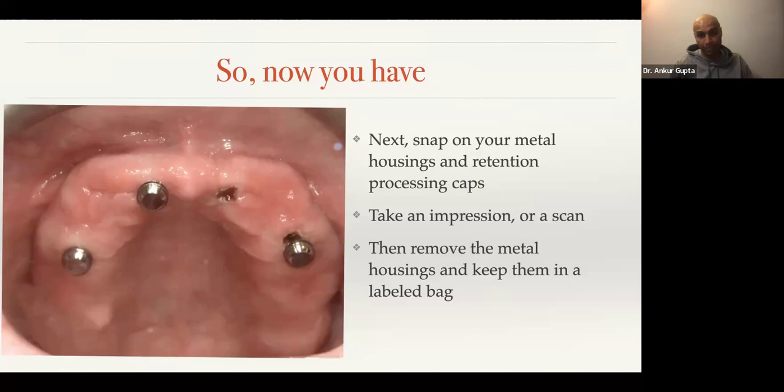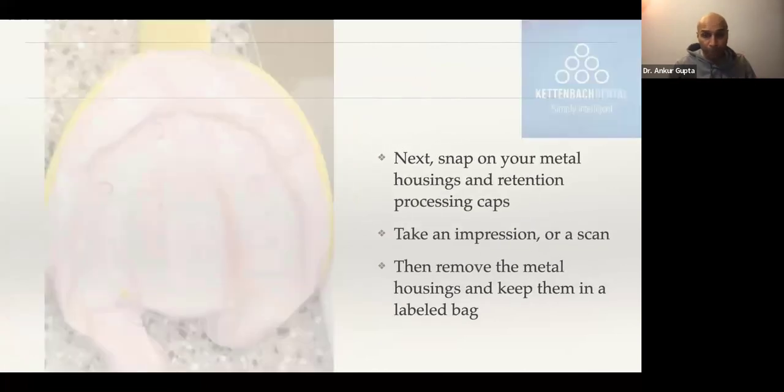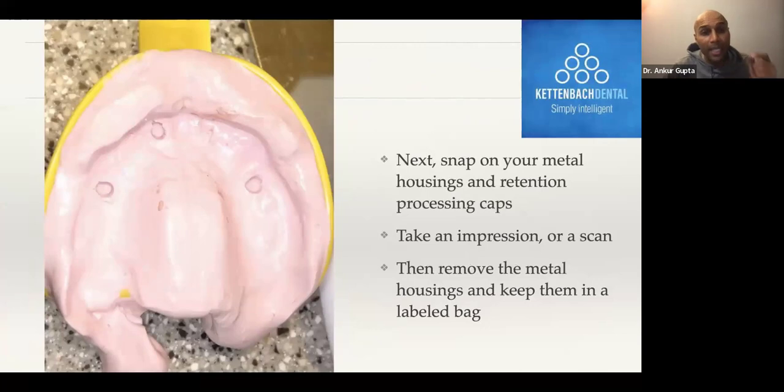The reason why you need to make sure that you snap in your metal housings before you take your initial impression is because the lab needs to start fabricating your denture base with enough of a hole blocked out to eventually accommodate not only your locator, but also the metal housing.